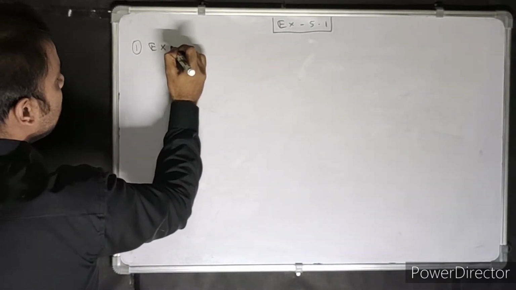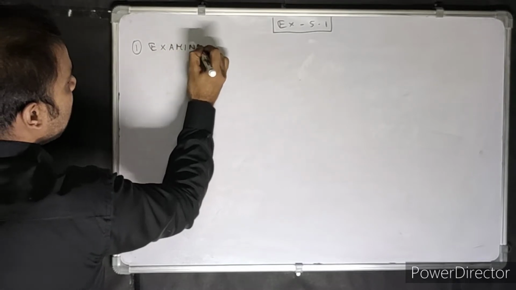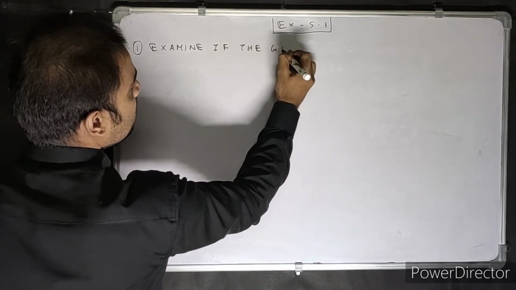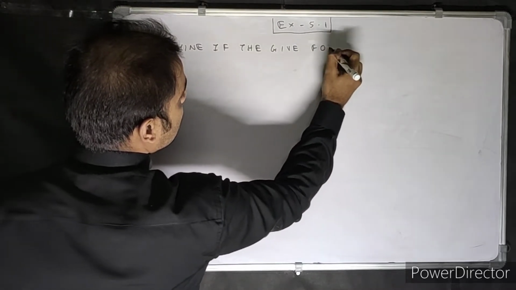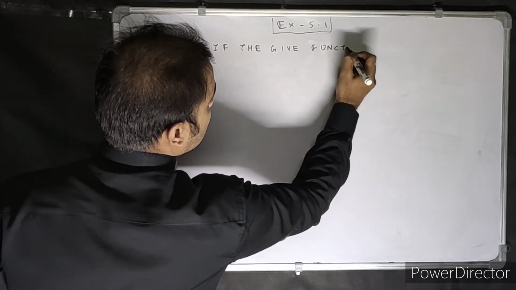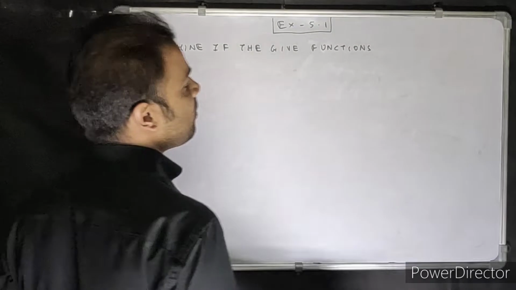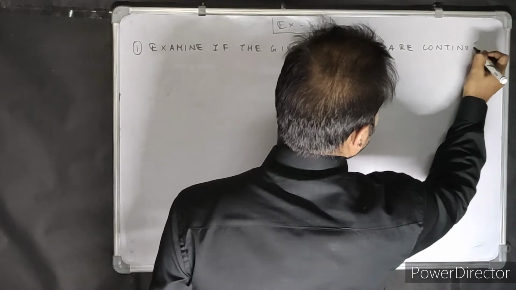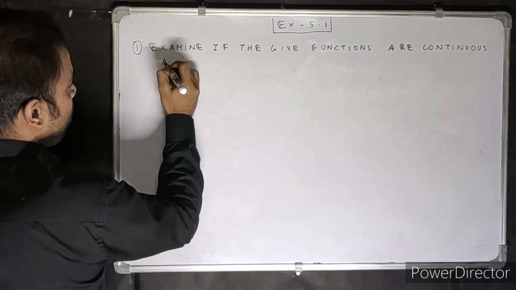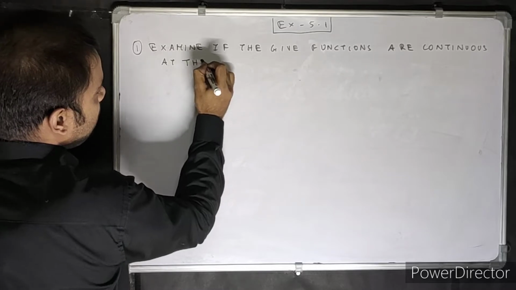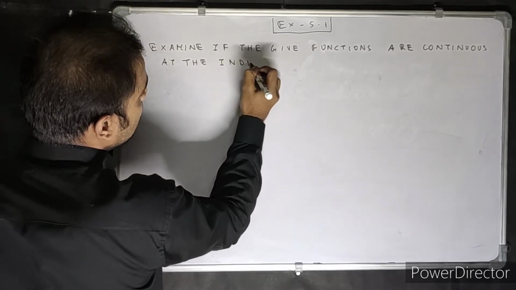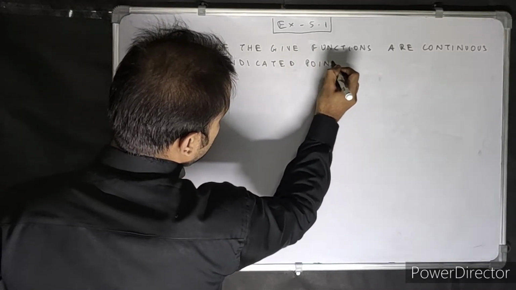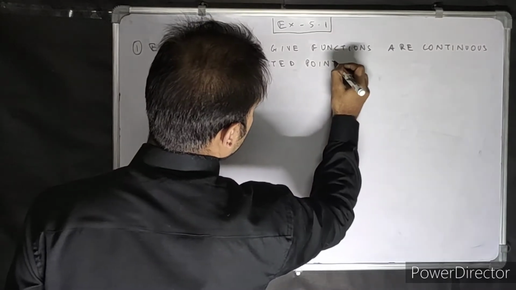It's saying: examine if the given functions are continuous at the indicated points.